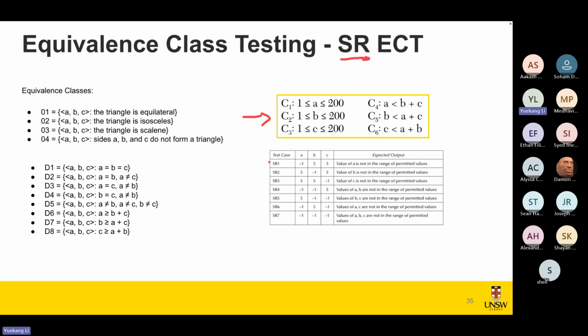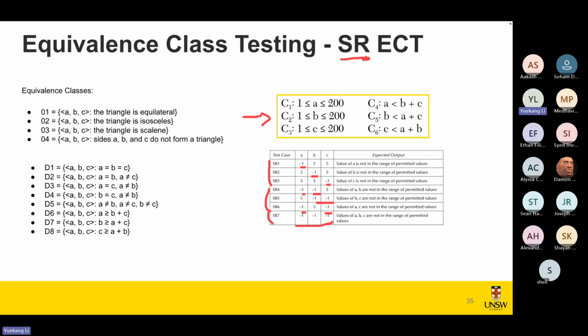So first we try out all the cases where only one value is invalid. And then we try out the cases where two values are invalid. And then we try out the case where all the three values are invalid.